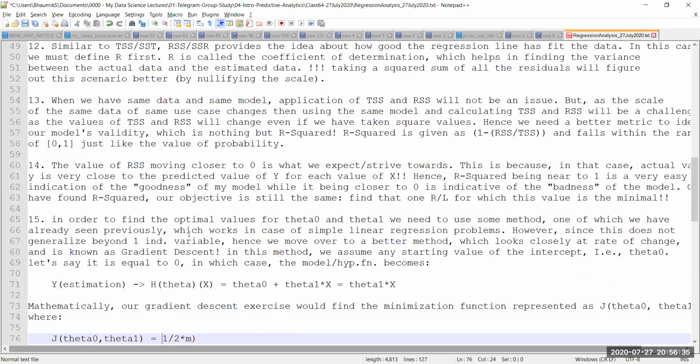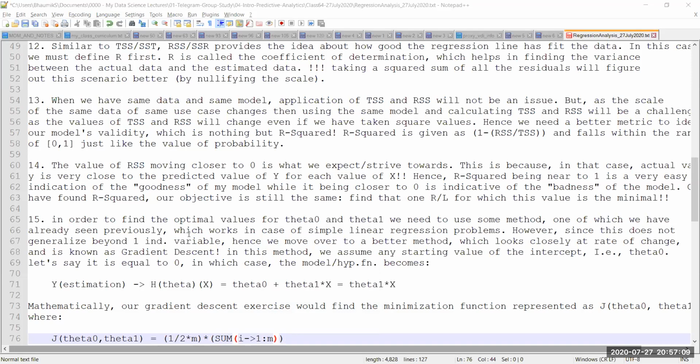This is the normalization that we have done. And then we are going to take a sum from i equal to 1 until m of this.